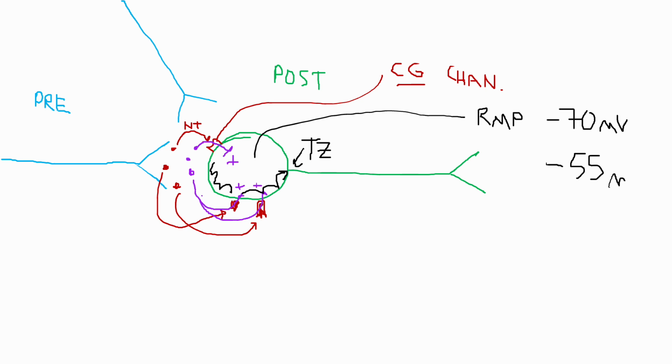So we're less negative because these positive graded potentials made it to the trigger zone. Well, we're going to see that negative 55 millivolts is our threshold for action potential. Okay. And when we reach this threshold, it kicks off action potential at the trigger zone, or the axon hillock.